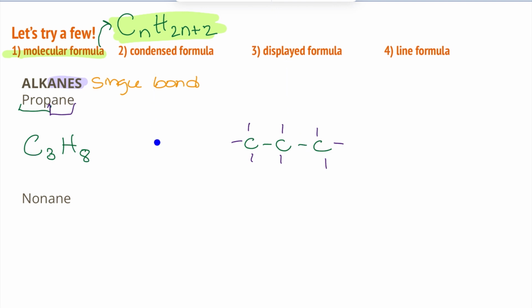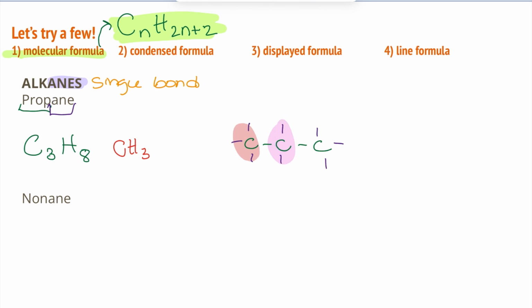Our condensed formula then is going to explain the structure. So we're going to list each carbon at a time. My first carbon, looking at this one here, I have 3 hydrogens on it. So I'm going to say CH3. My next carbon, I have 2 hydrogens on it.